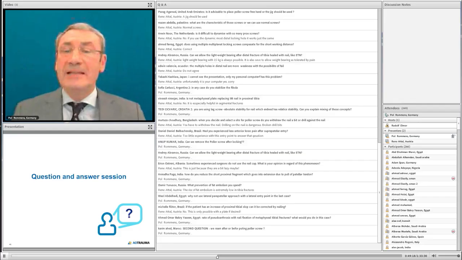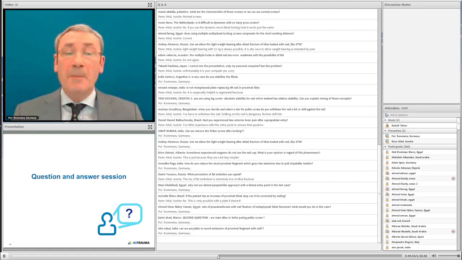Can we use a plate, a question from India, to avoid extension of the proximal fragment with a nail? I just answered that you can do this, but please do not open your fracture too far and do not add additional damage to the soft tissues, because then you lose the advantages of intramedullary nailing.